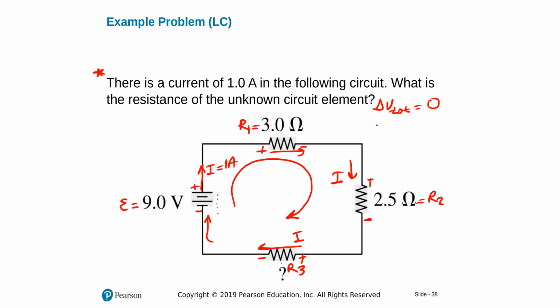So I'll say epsilon minus I times R1 minus I times R2 minus I times R3 equals 0.